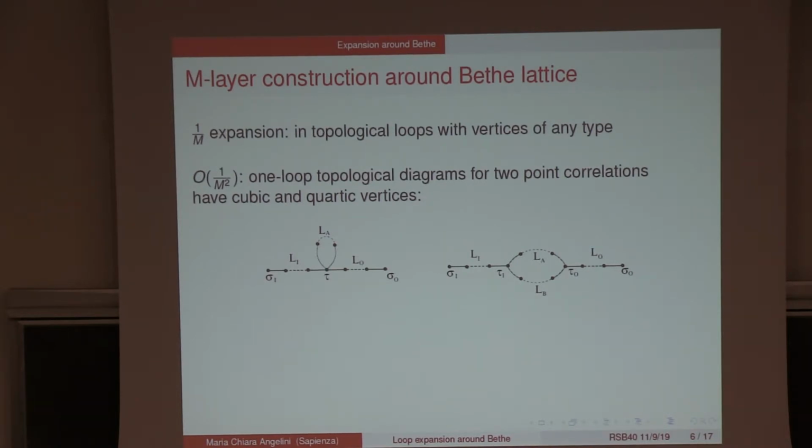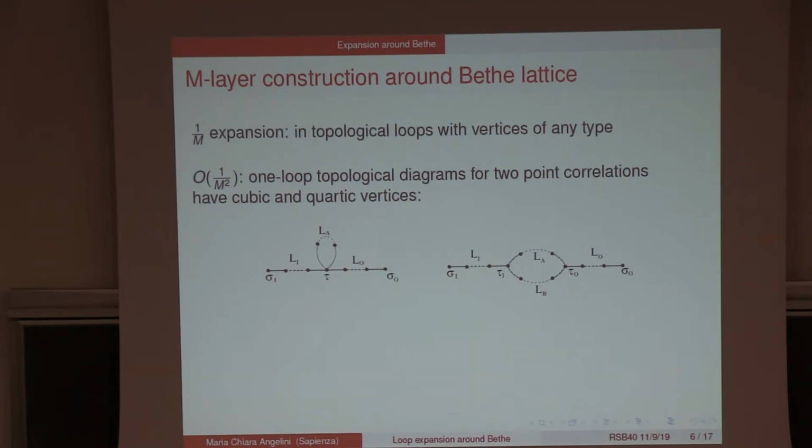Here, it's in the number of loops, and the vertices can be whatever. So, for example, for the order 1 over m square, we just need one loop. So this diagram can contribute to the two-point correlation function, and also this one. This one has two cubic vertices, and this one has one quartic vertex.